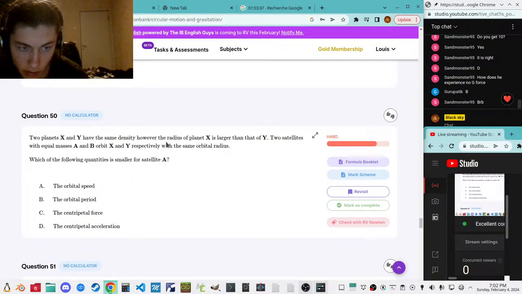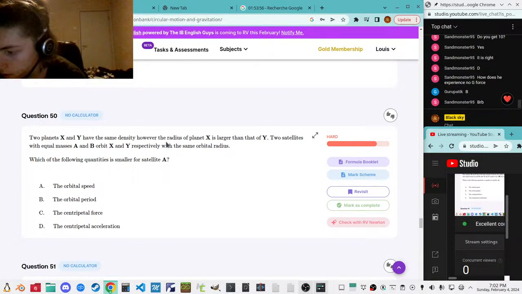Which of the following quantities is smaller for satellite A? Well, technically, there's an orbital radius. Yeah, that's your orbital radius. If they have the same density, but one is larger, they have the same mass. No, do they have the same mass? Oh no, they have the same density.